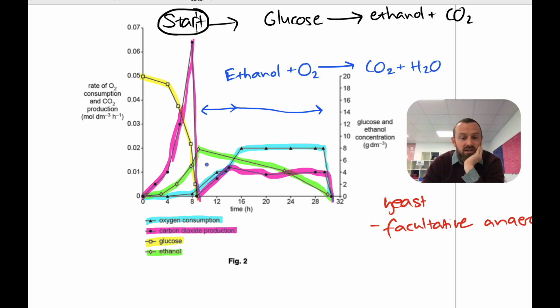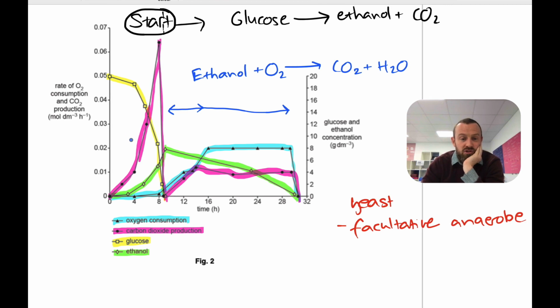And this makes sense because the oxygen consumption, which was low because it was anaerobic respiration, then starts to pick up. This region here is switching over to aerobic respiration. And look at the ethanol, it's going down and down until the ethanol is completely gone, and then there's no more oxygen consumption because there's nothing more to respire. And at this point, I guess the yeast would probably die.